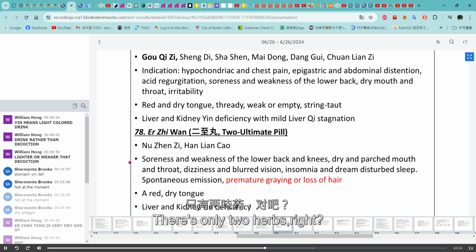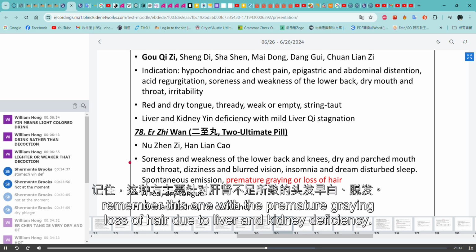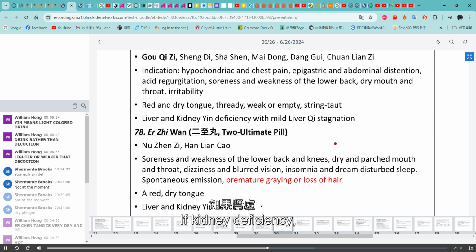二至丸. There's only two herbs, right? Er zhi means two. Remember this one with the premature graying or loss of hair, due to liver and kidney insufficiency. If kidney insufficiency, you may have premature graying hair.